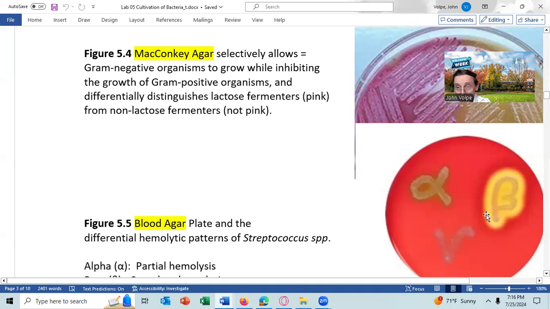And so that is beta hemolysis. You'll notice a dark ring around the beta hemolysis, and that's actually alpha hemolysis. It is normal to see alpha hemolysis surrounding beta hemolysis. Any question about any of that?